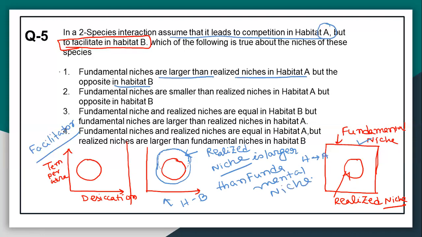So the answer will be option A: fundamental niche is larger than realized niche in habitat A, but opposite in habitat B, because in habitat B there is a facilitator species present.